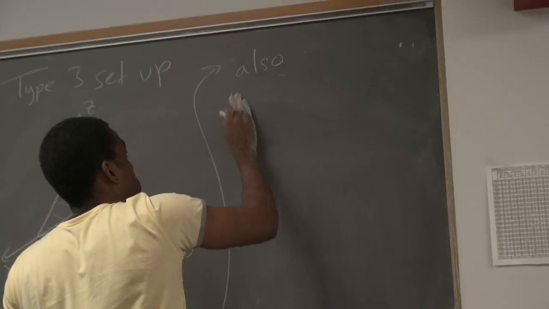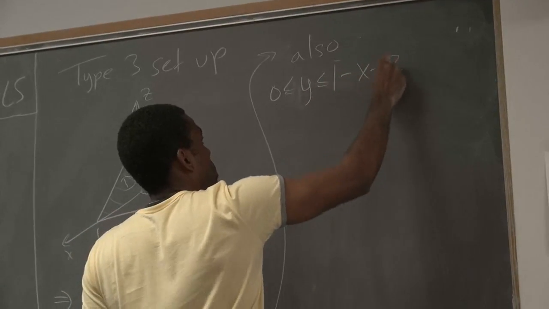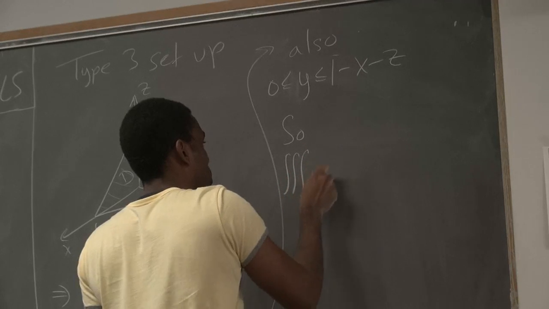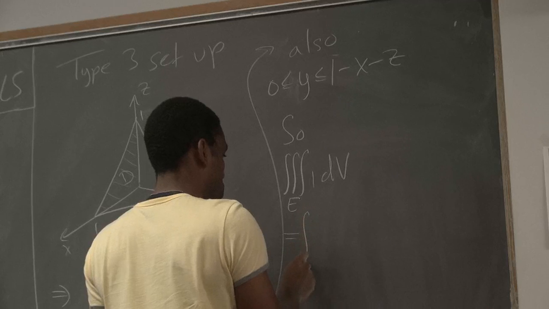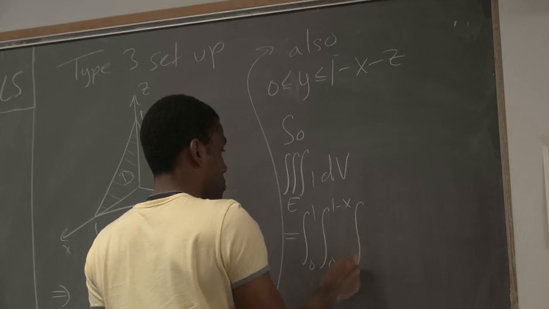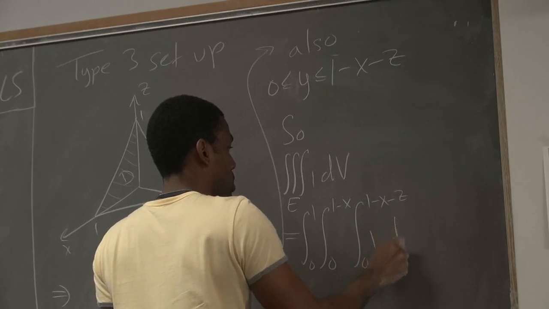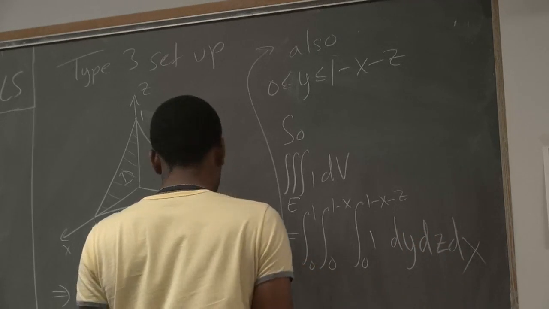Also your y is between 0 and 1 minus x minus z. So your triple integral is equal to 0 to 1, dy, dz, dx.